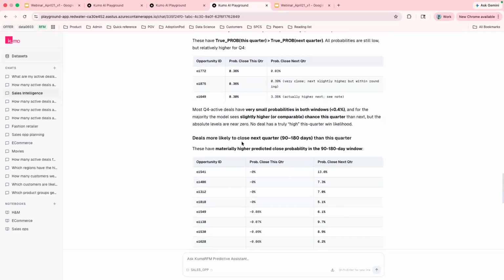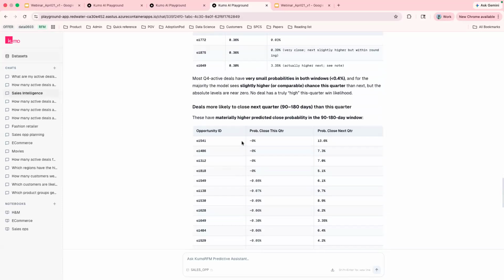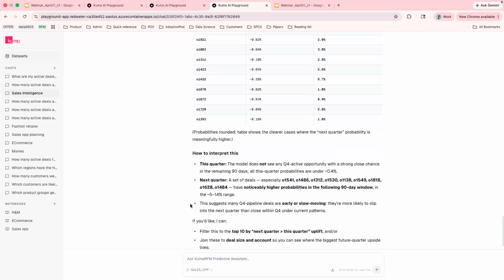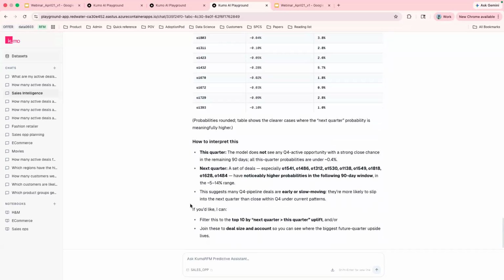We saw that. But then some of these opportunities have a high likelihood to move to around 14% probability in the near future, which is the next quarter. So it's giving me an insight that my pipeline that I already have, which is active, is in fact not a Q4 pipeline, it's a Q1 pipeline for me.